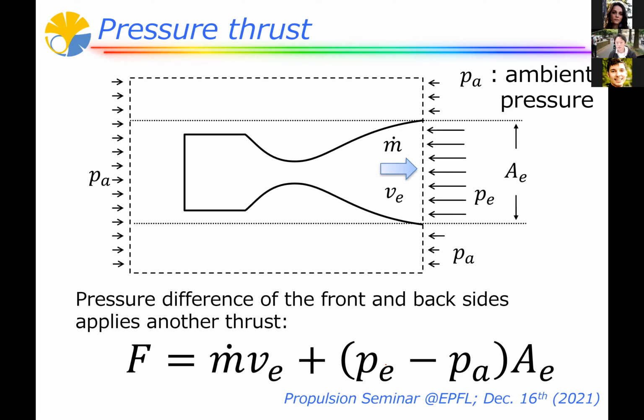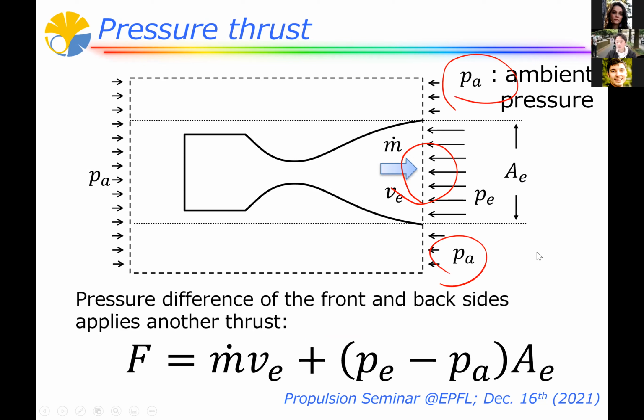And the next one, which I didn't talk about in the previous talk, is called the pressure thrust. In the case of chemical propulsion, usually around the exit, the ejected gas has its pressure. And that pressure is different from the ambient pressure. Ambient pressure means like here.